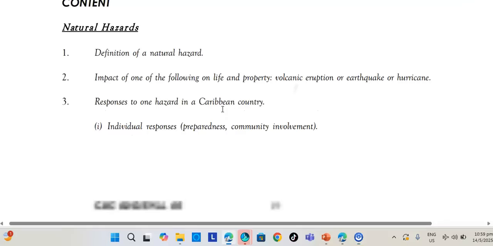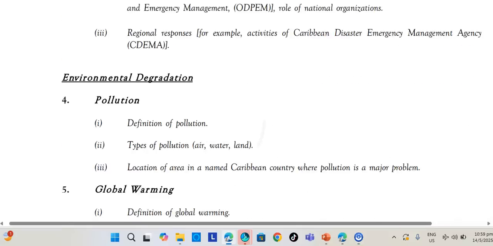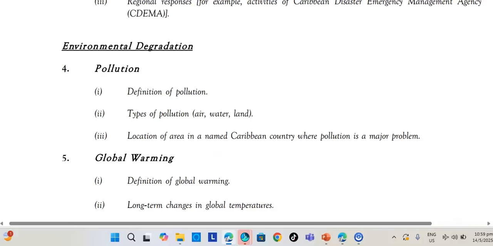Now we are down to pollution. Definition of pollution. Pollution is the introduction of any foreign substance into the atmosphere, water, or on land. Now the types of pollution: air pollution, water pollution, land pollution, noise pollution.